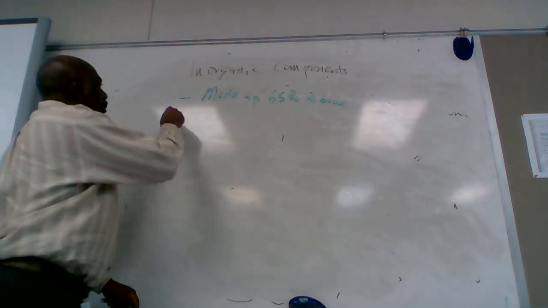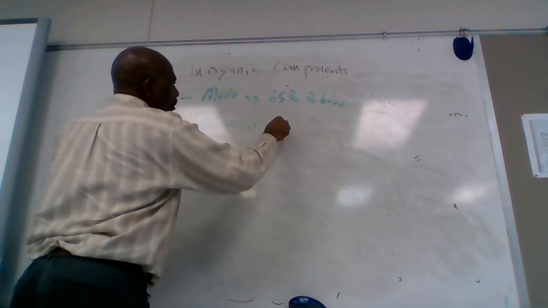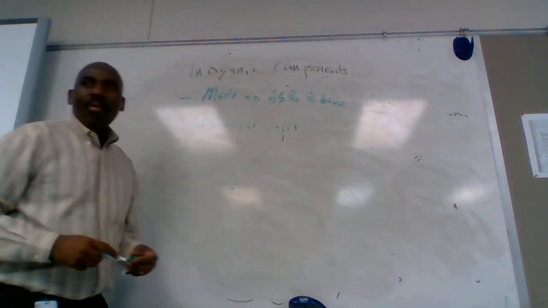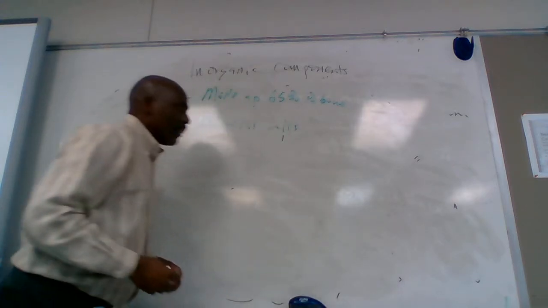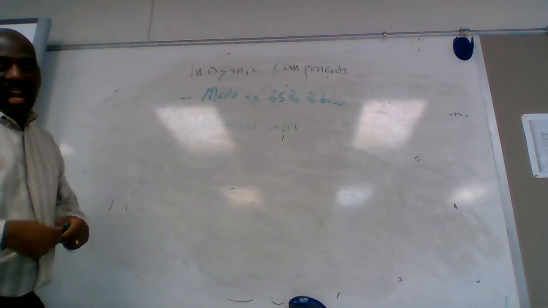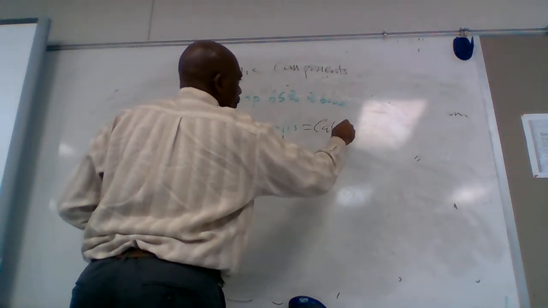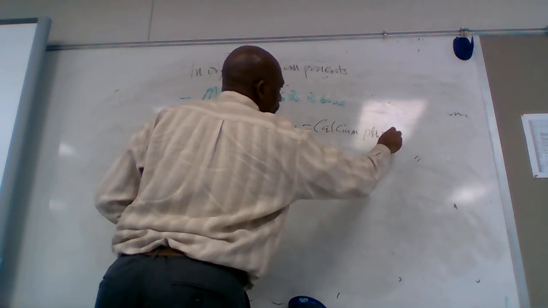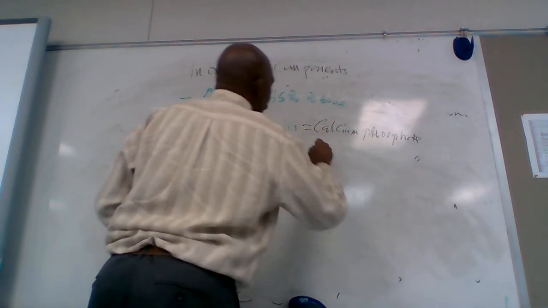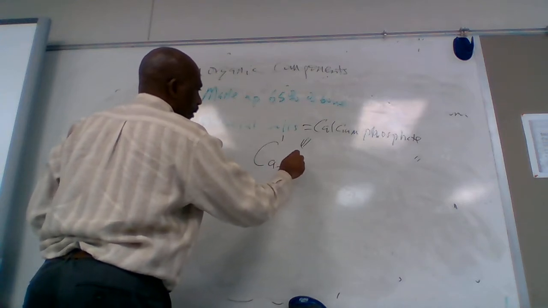And these inorganic components are in the form of mineral salts. And the mineral salts precisely is calcium phosphate. The chemical formula for calcium phosphate is this.